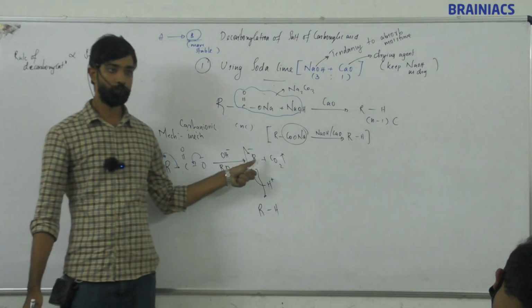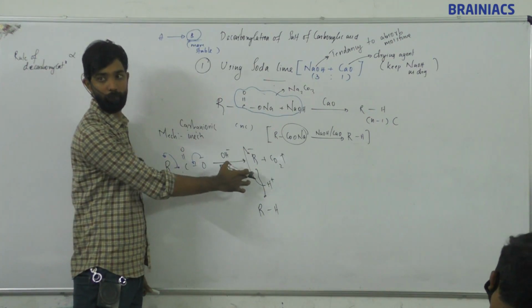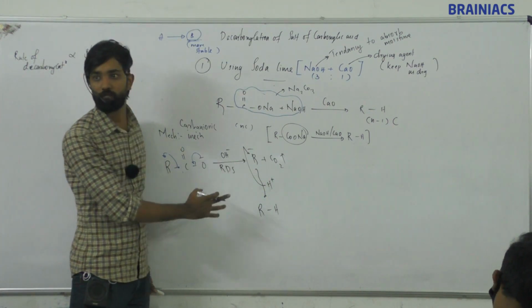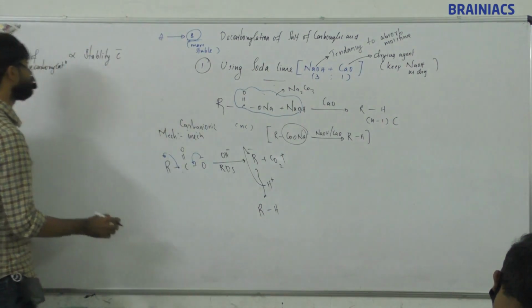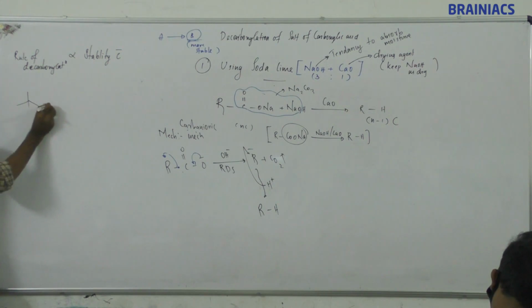If the formed carbanion is more stable, then the carboxylate has a ready tendency to become the carbanion, which means the rate determining slow step becomes fast. So maybe questions are asked like this also.